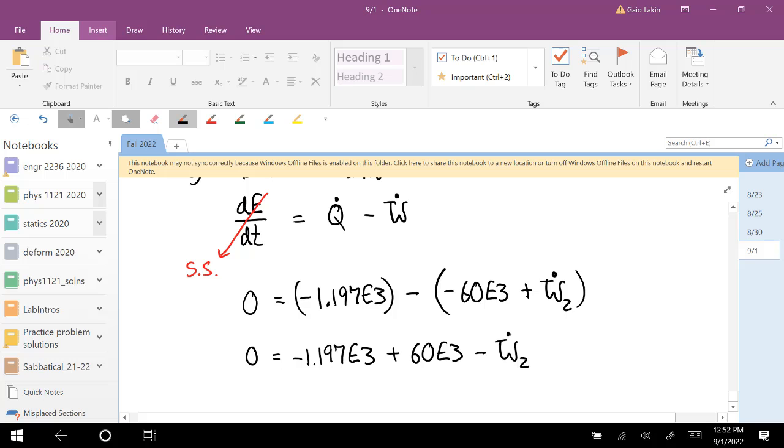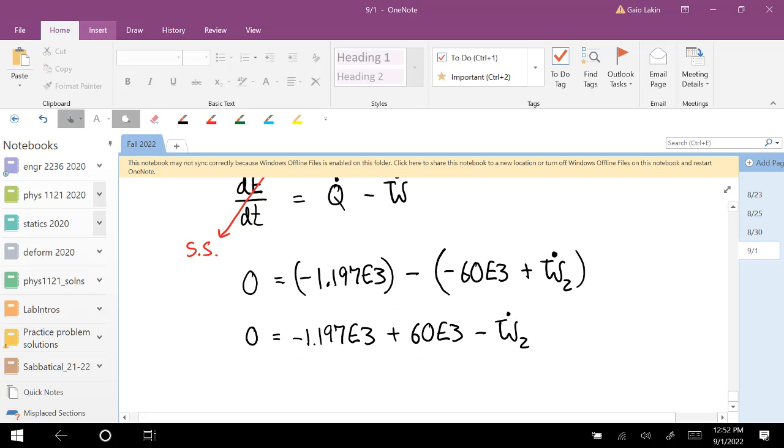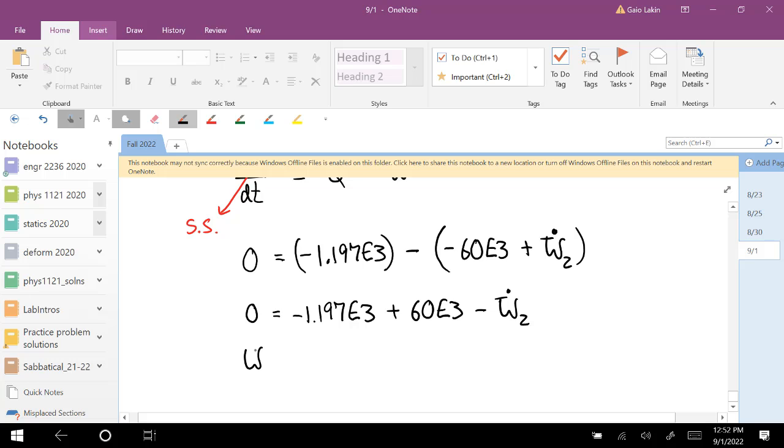If we did our signs right, this W2 dot should come out positive. And so W2 dot is equal to 58.80 times 10 to the third watts.